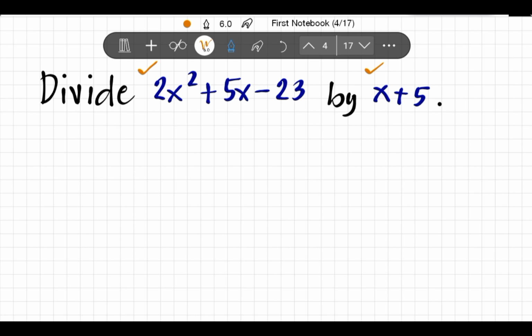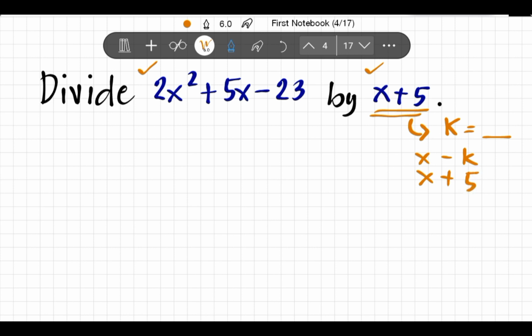So from this divisor, you will identify k. So what will be k? This is in the form x minus k, so we put x plus 5, okay?